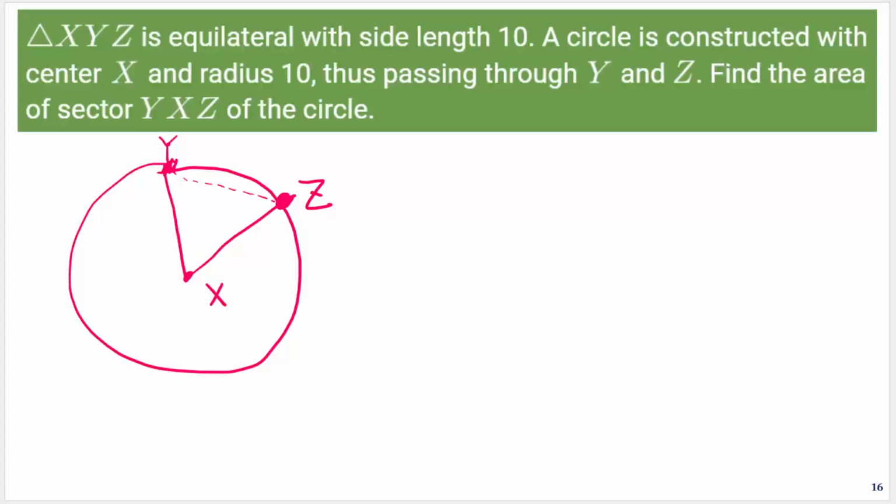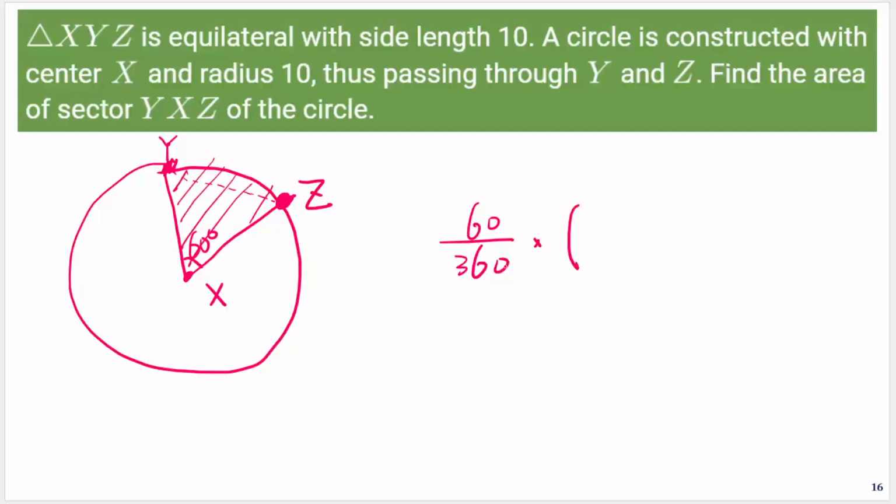Okay, let's have a look at the solution together. So our sector is shaded in the diagram here. To find this area, you must determine what portion of the whole circle the sector is, right? Since triangle XYZ is equilateral, we know that this angle here is 60 degrees, right? Since the whole circle is 360 degrees, our sector is just 60 over 360 times the area of that circle.